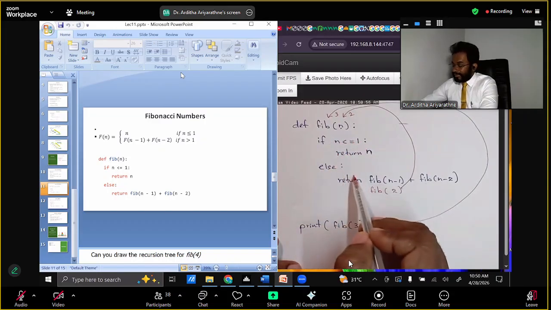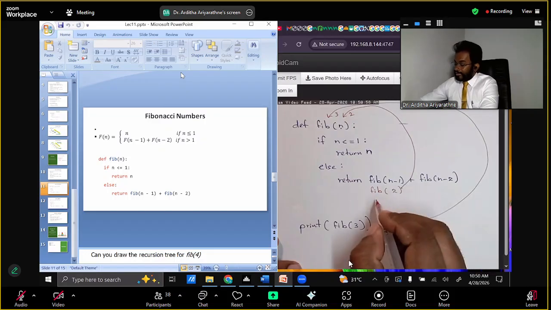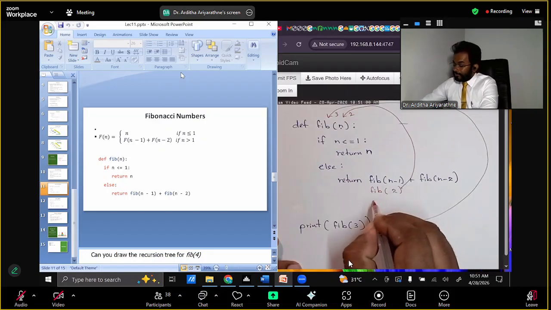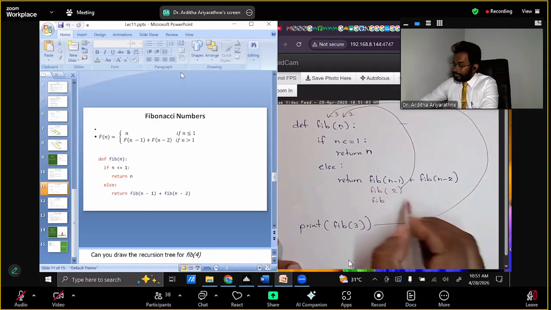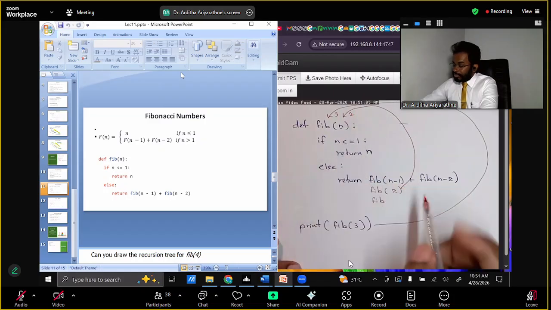Then we come to else. Again in return, we are calling fib n minus 1, which now means fib 1.